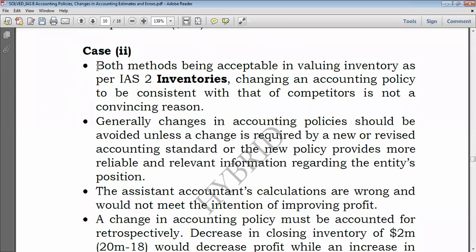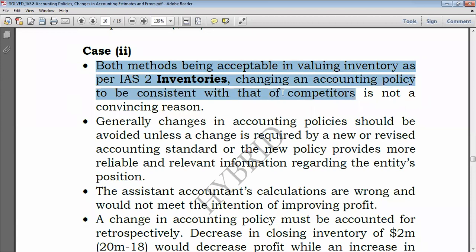Now, as I said, both methods being acceptable in valuing inventory as per IAS 2, changing an accounting policy to be consistent with that of competitors is not a convincing reason. This is the first point, because it said competitors were using AVCO, Tanshiro was using FIFO. You wanted to change just because of copying competitors.